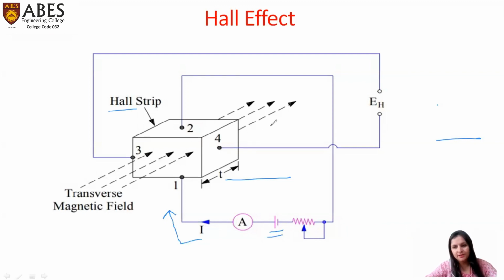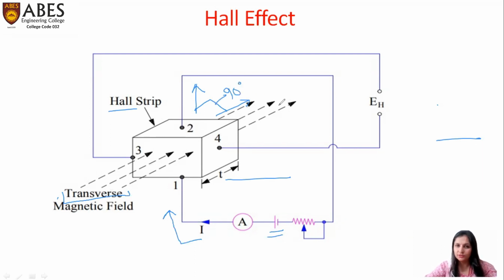the Hall effect. The condition for placing this Hall strip in a magnetic field is that the magnetic field should be kept transverse to the direction of the current. So the current is flowing in this direction and the magnetic field is here. We consider that the angle formed here is 90 degrees.